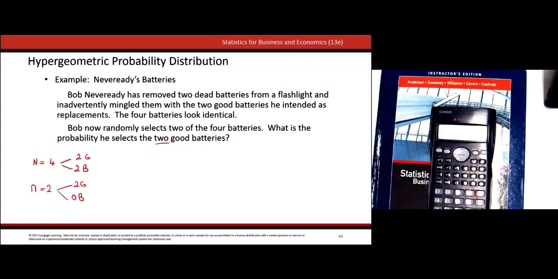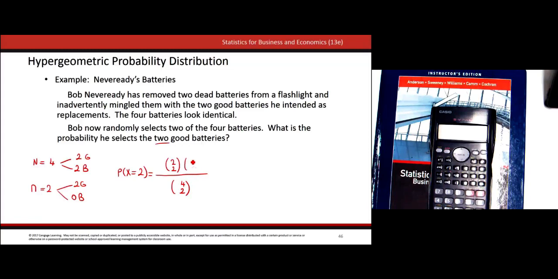0 bad, 2 good. So now this gives the total number of ways selecting 2 batteries out of 4. And now we have a total of 2 good batteries and we want 2 of them. This gives the number of ways selecting 2 good batteries out of 2 good batteries.